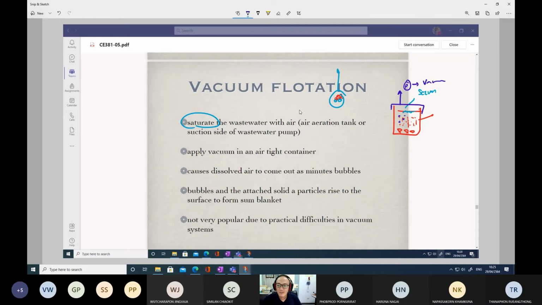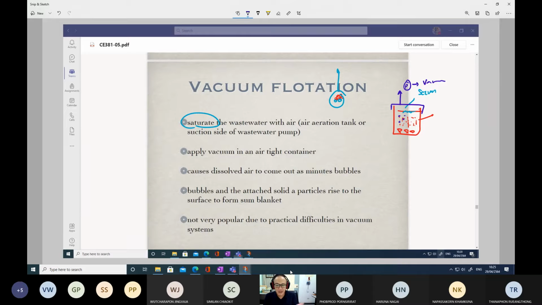So this is how the vacuum flotation works, but this one is actually not really practical because we need to apply the vacuum. Anything related to the use of vacuum is not suitable for applications with the largest capacities.